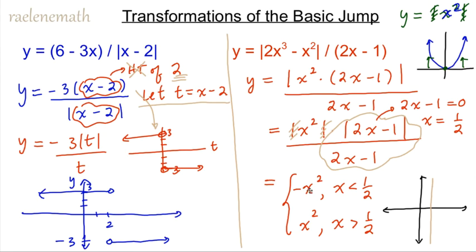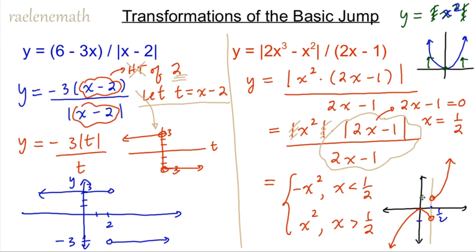And so I'm either going to get the graph of negative x squared, which looks like this, or the graph of positive x squared, which I'm not actually that good at drawing without doing the whole parabola, and so it does something like this. And so the jump behavior is really occurring in here. It doesn't matter what's happening elsewhere on the graph. We're really focusing at the region of x equal to 1/2, and we're getting the jump discontinuity.